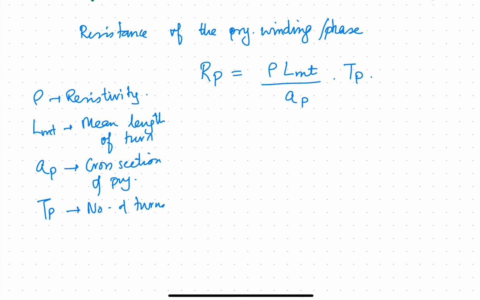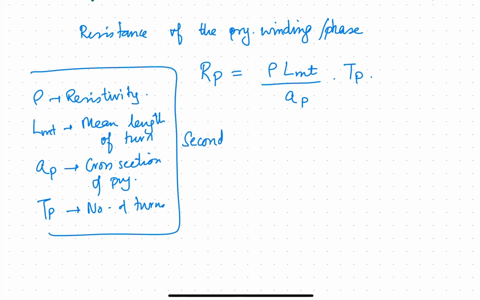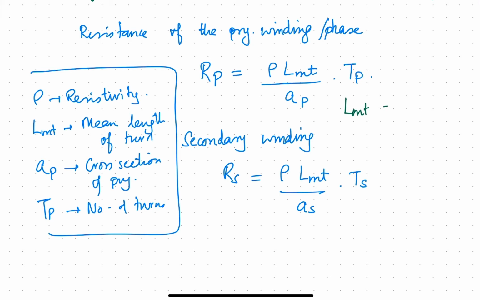On the same analogy, for the secondary winding, Rs is rho LMT by As into Ts, right? As a side point, LMT for the primary is pi times the mean dia of primary.